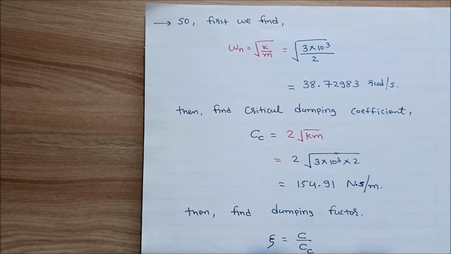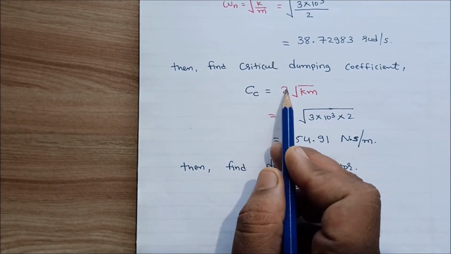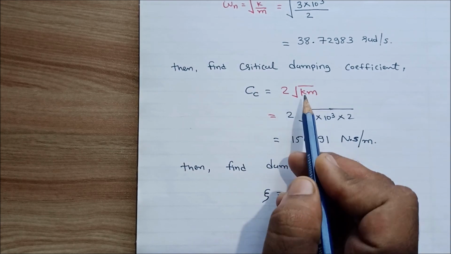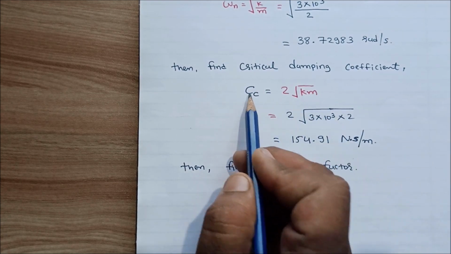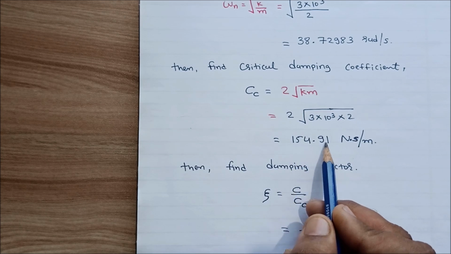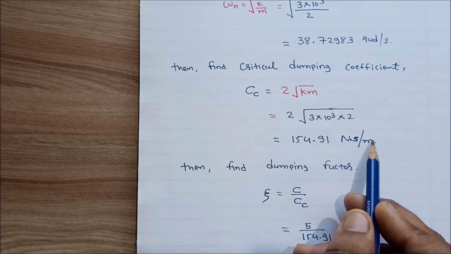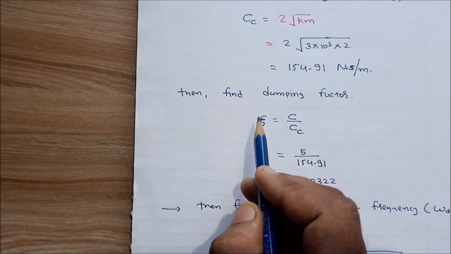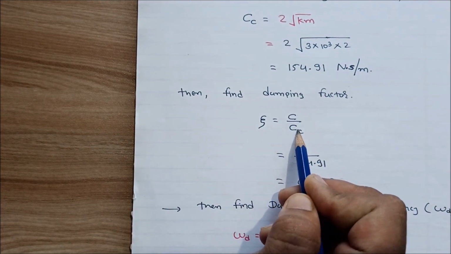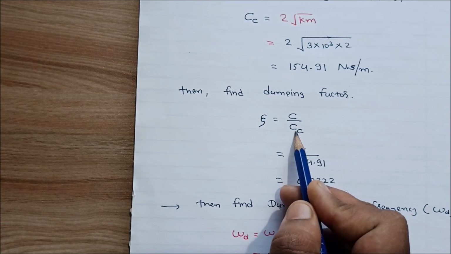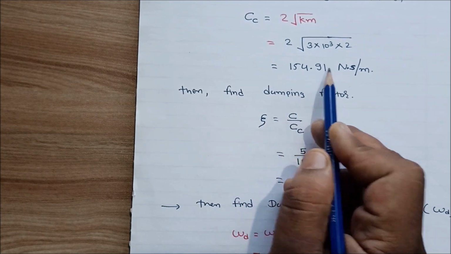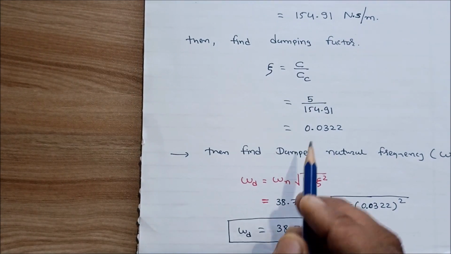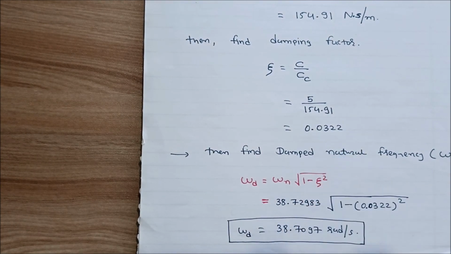Then the critical damping coefficient Cc is equal to 2 under root km, which gives 154.91 newton into second per meter. Then we find the damping factor, the ratio of C by Cc. With C equal to 5 and Cc equal to 154.91, we get damping factor 0.0322.